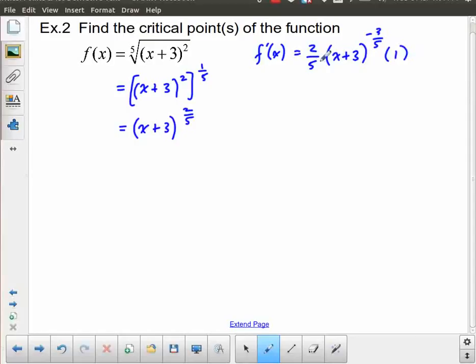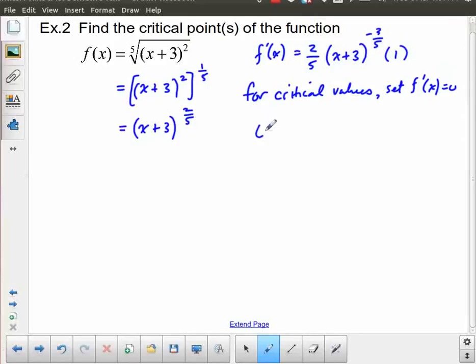So that actually is my derivative. So for my critical values, I'm going to set f prime of x equal to 0. So we're now going to try to find some critical values of this.